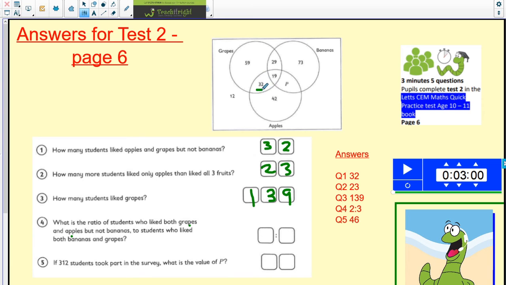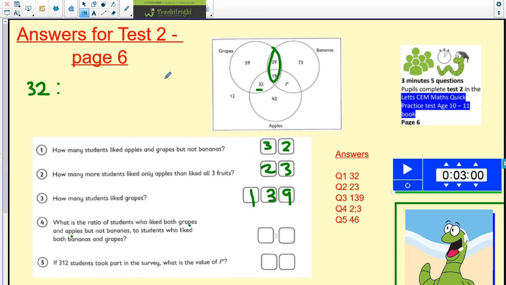That's 32, we worked that out. Students who liked bananas and grapes. So bananas and grapes is everyone in this group here, because you've got to remember these 19 also still like bananas and grapes. There's no not.